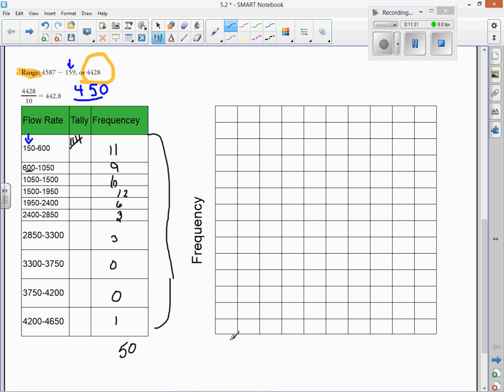So our first bin started at 150. Now I'm not going to start 150 here. Really it will be number 0. And then I start at 150, 600. Okay, before I get too far into this, the space of one bin I'm saying here is going from, think of a number line, 0 to 150.